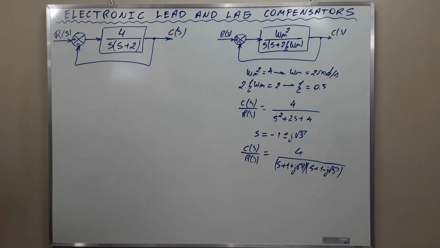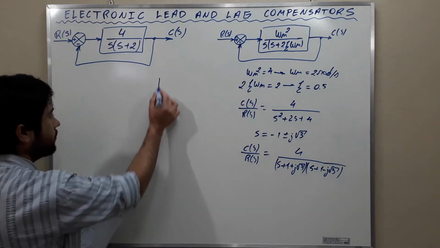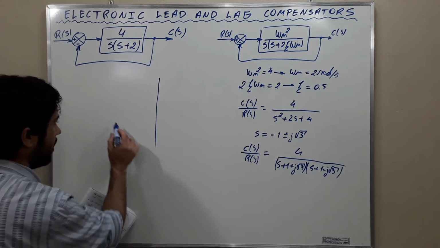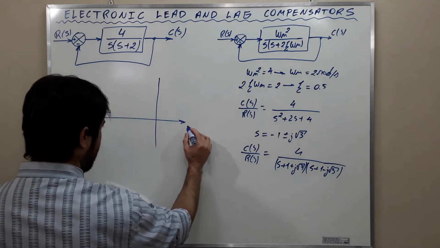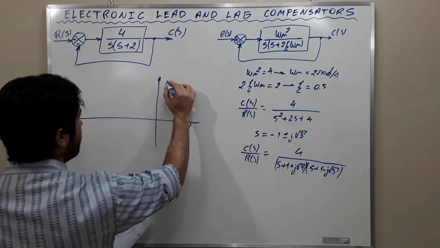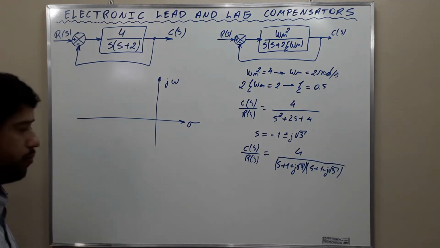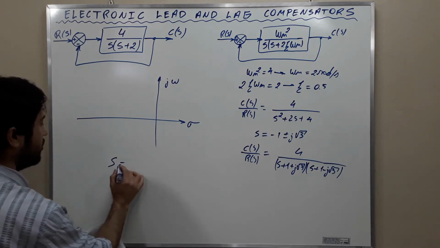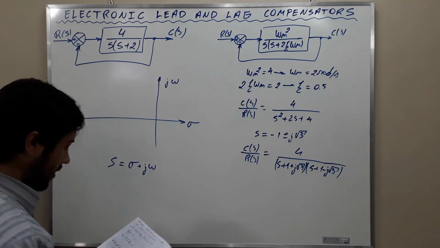And the root-locus plot of the system is going to be, we have here the imaginary axis and here the real axis. Here is sigma, here is jw. Remember that this is the complex plane where s is equal to sigma plus jw. Okay?